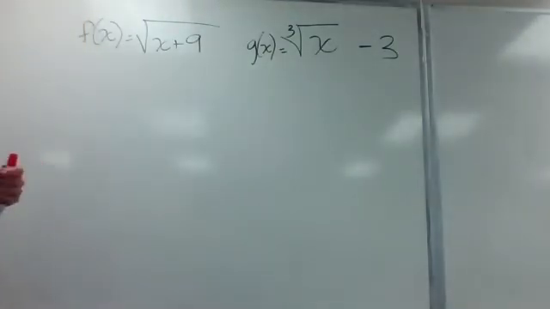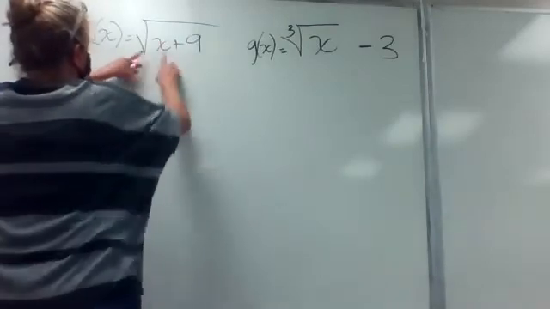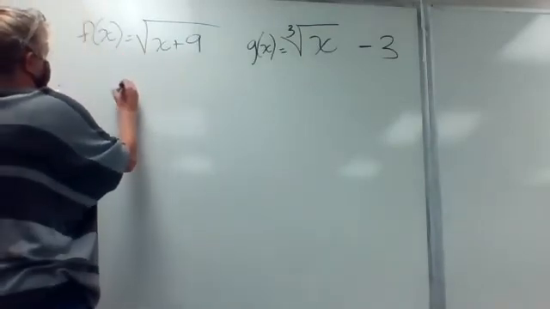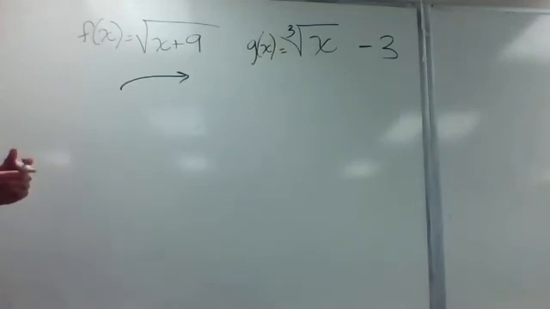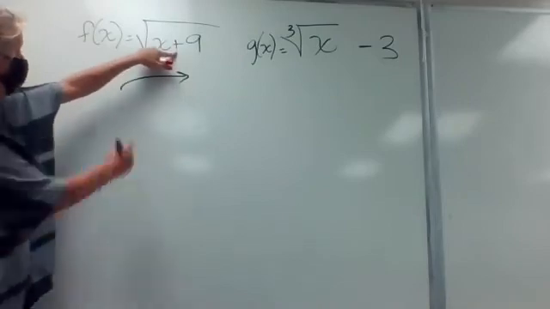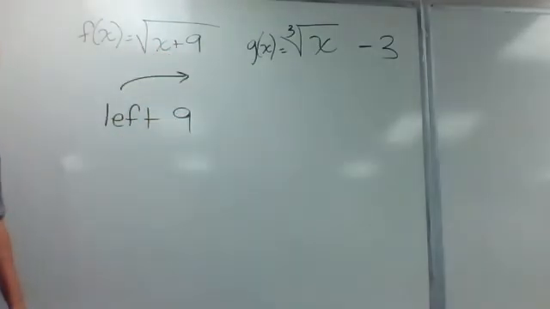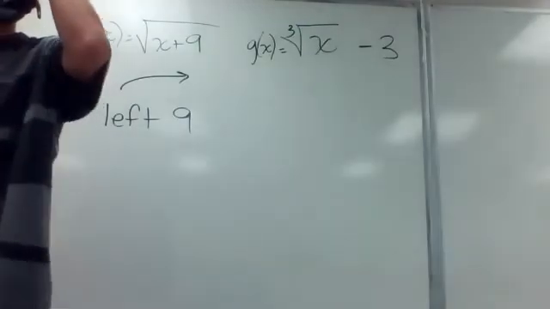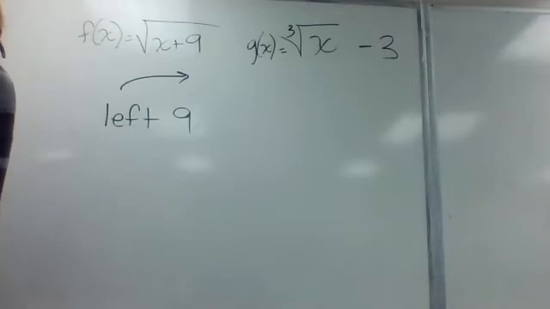So they're both multiple choice. So let's see, this graph and x square root graphs, that's what they look like. That's an inside number, which means this shape is going to be shifted to the left 9. So the one that has moved from the origin down to negative 9.